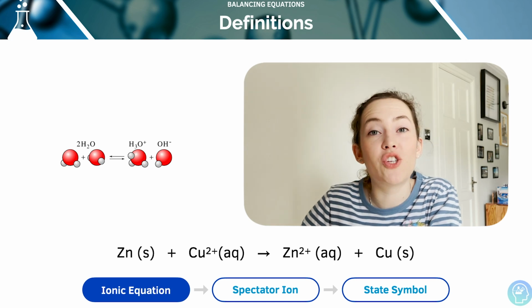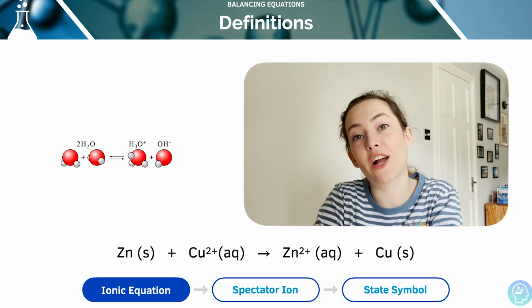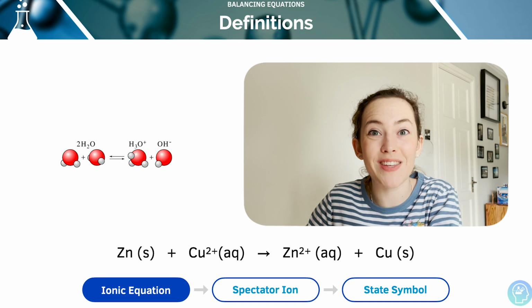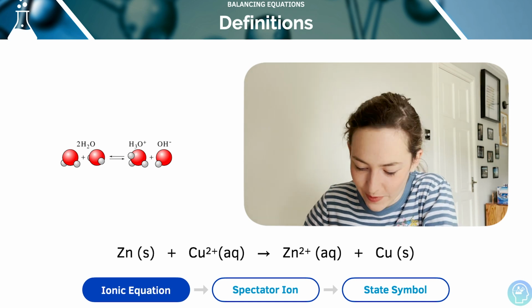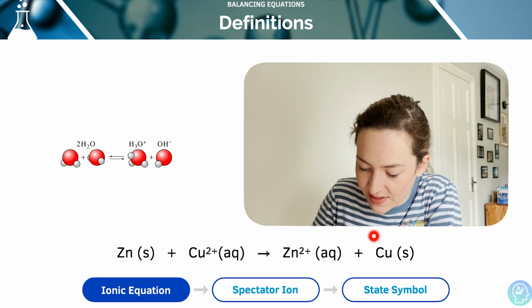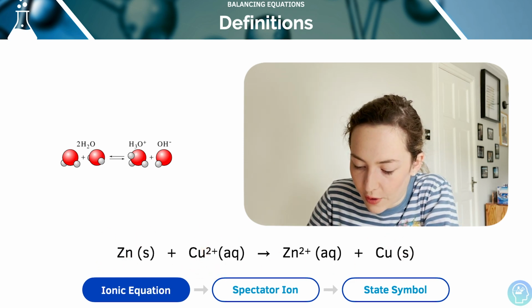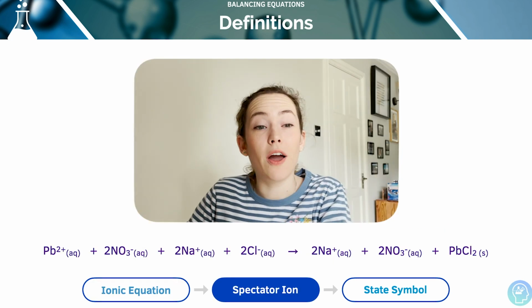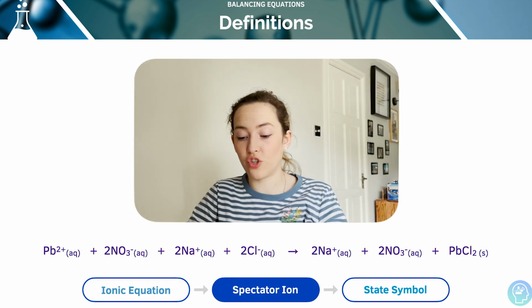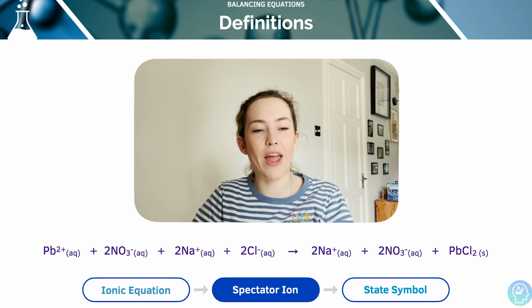Ionic equations are, of course, equations for reactions occurring between ions in a solution. We've got an example down here of zinc metal reacting with aqueous copper, and we've got an ionic equation. Spectator ions are ions that do not change state or charge in the reaction.